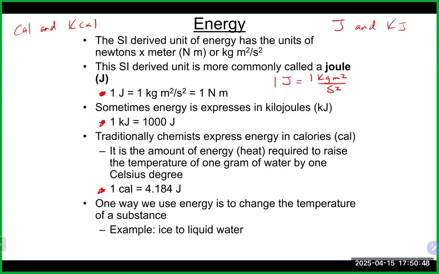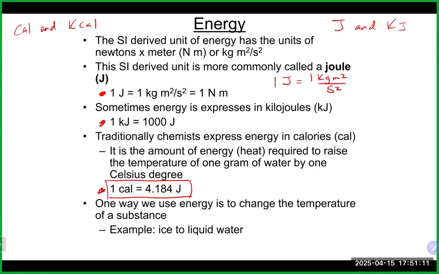That's a definition of a calorie. An important conversion between calories and joules is that 4.184 joules is equal to a calorie. That is also, as we will see, the specific heat of liquid water, 4.184 joules per gram per degree Celsius.